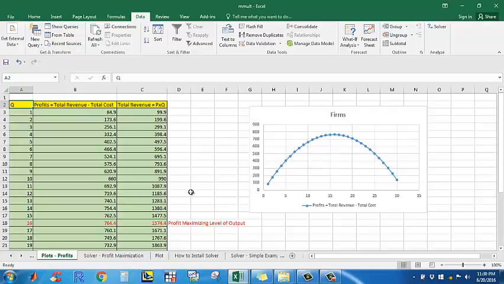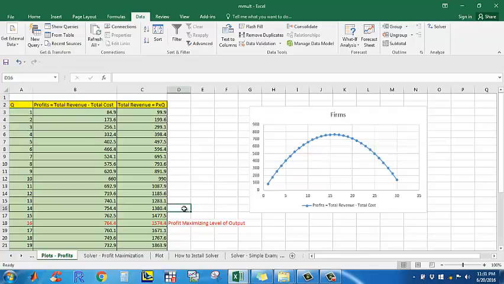Previously, in this course, we looked at an example where a firm produces a single good Q and is interested to identify what is the profit maximizing level of output. For a given demand schedule and for a given cost schedule, we use charts in Excel to eyeball and identify the profit maximizing level of output for this particular firm.